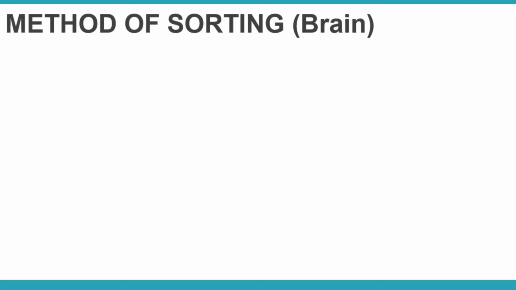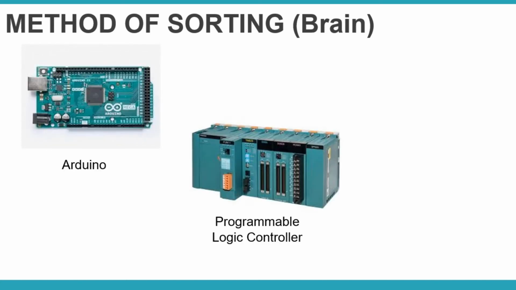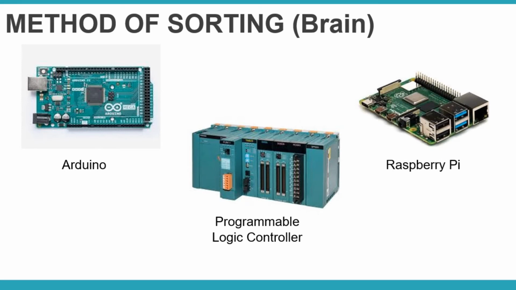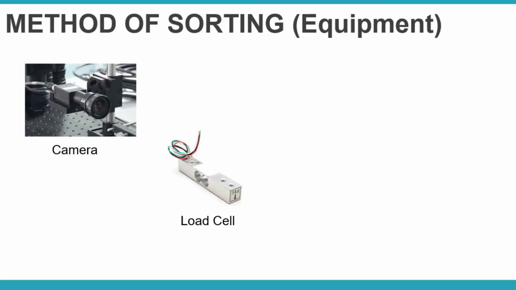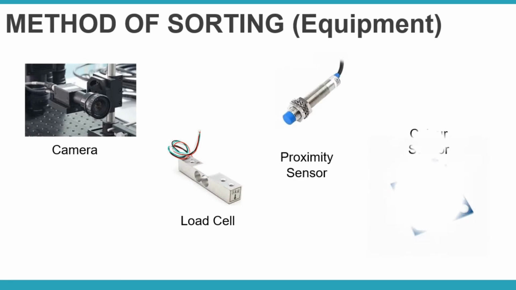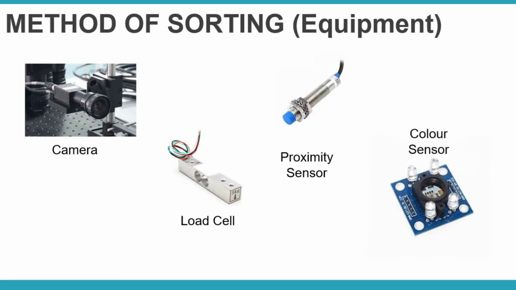After going through past research journals, I noticed there are common controllers used for sorting systems. The most commonly used are Arduino, programmable logic controller, and Raspberry Pi. There is a lot of equipment used for sorting systems, such as camera, load cell, proximity sensor, and color sensor.